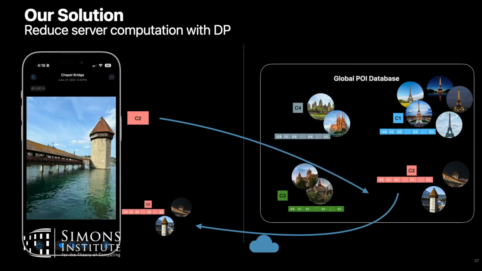Instead of computing on the whole index, now you're only computing on the cluster. But the server's learning this nearest cluster, and that can still potentially reveal information. For example, you could probably infer from learning cluster C2 that this query is related to bridges, right?